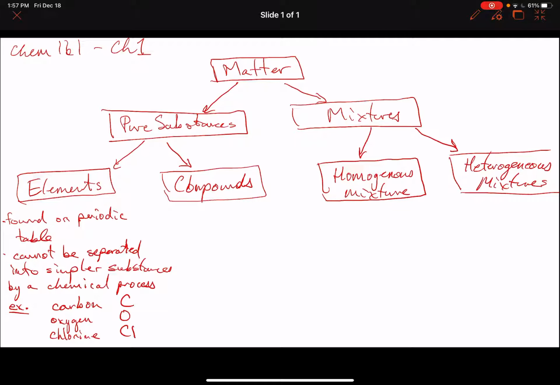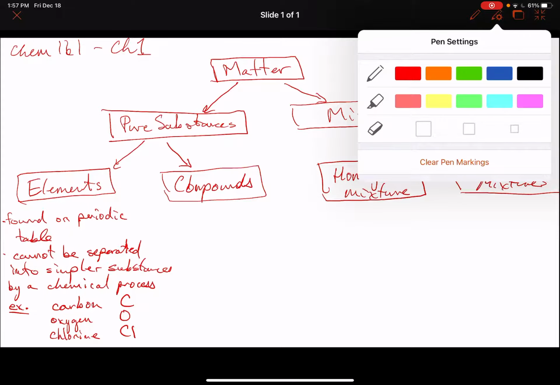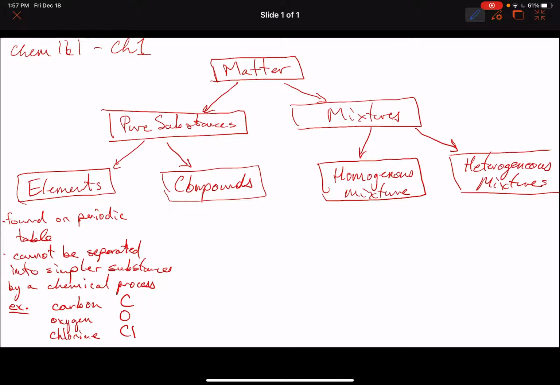Compounds, again, a class of pure substance. These are composed of two or more elements that have been chemically bonded together.